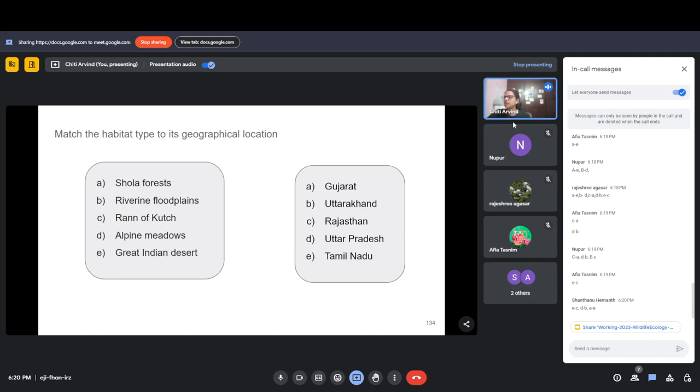So you find the Shola forests in Tamil Nadu, of course, yes. Can you tell me another state where there are Shola forests? Couple of other states where Shola forests are found apart from Tamil Nadu?